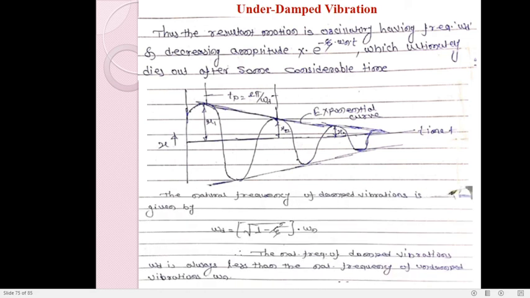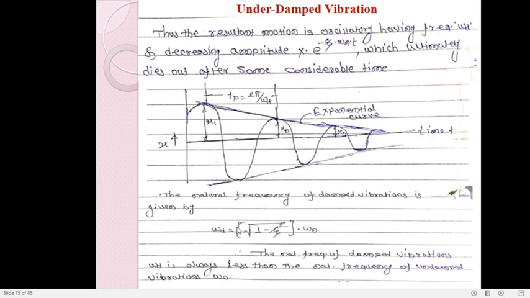Therefore, the natural frequency of damped vibration can be given as omega d equals square root of 1 minus xi square into omega n, and therefore omega d is always less than the natural frequency of undamped vibrations. Omega n is the natural frequency of undamped vibrations, and omega d is the natural frequency of damped vibration.